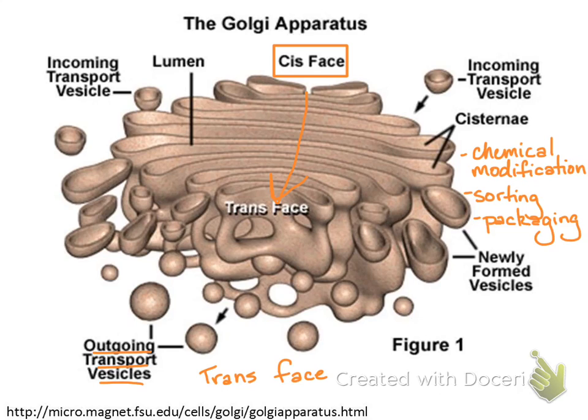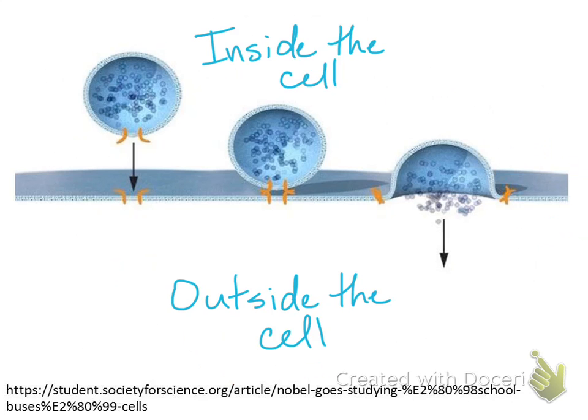These organelles fuse with the plasma membrane, so those outgoing vesicles fuse with the plasma membrane and empty their contents outside the cell. So here is an example of that. And I want to point out while you're looking at this, you can see step 1, step 2, and step 3 here of how it would be emptied outside the cell.